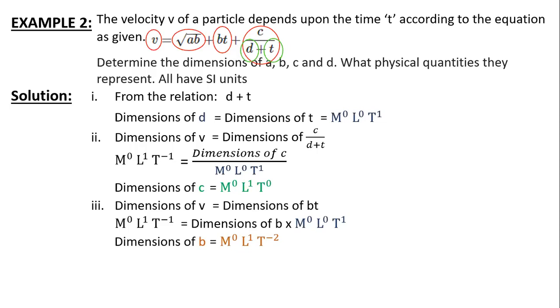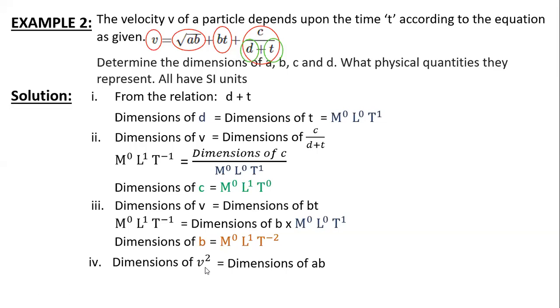Now the last thing left is A. So compare the first and second red circle. To avoid confusion, I shifted the root: V on one side and root AB on the other, so you can write V square and AB, because they are just powers. You can shift the powers for simplification, or keep the root as well; the answer will be the same.